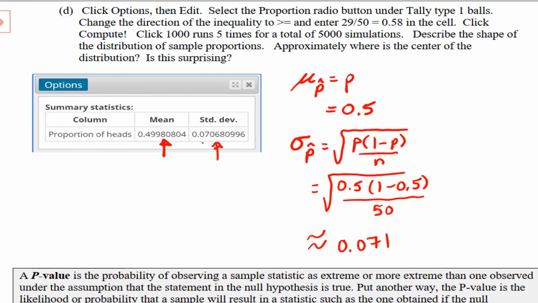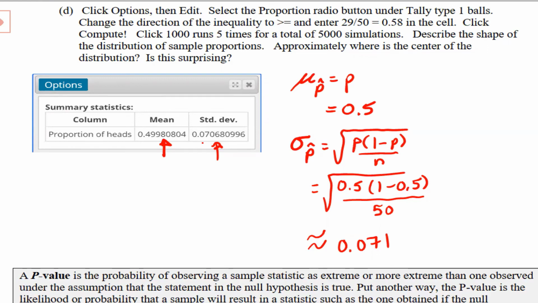So think about this. The shape of the distribution was bell-shaped, which suggests we might be able to use the normal curve to model this simulation. The mean of the sample proportions equals the population proportion, and the standard error is close to the standard deviation of the p hats.